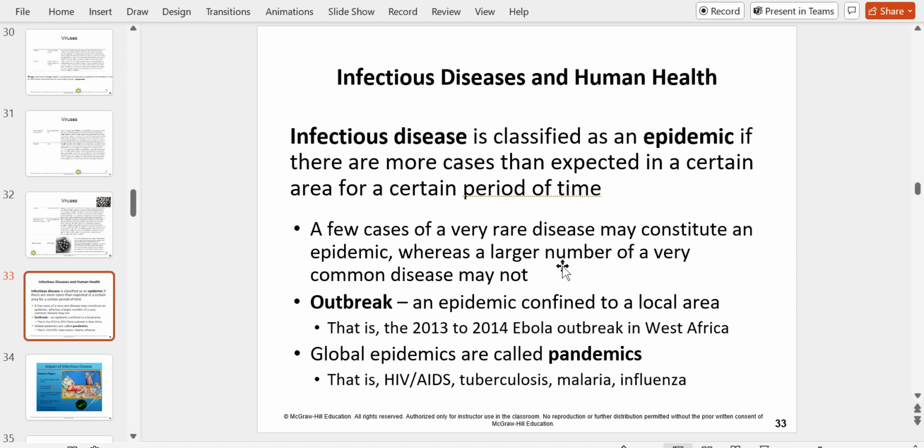That is, the 2013 to 14 Ebola outbreak in West Africa was an outbreak. Global epidemics are called pandemics: HIV, AIDS, tuberculosis, malaria, influenza, COVID.